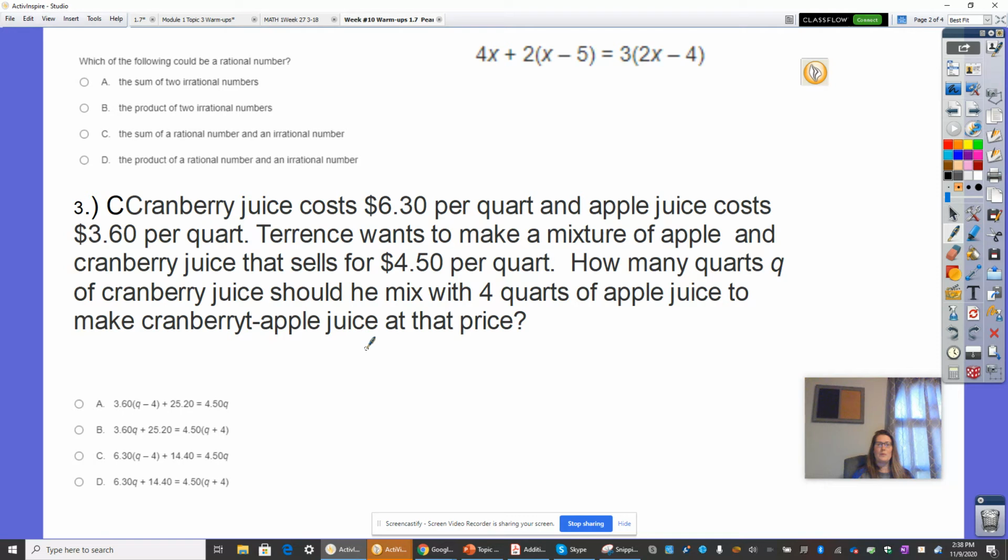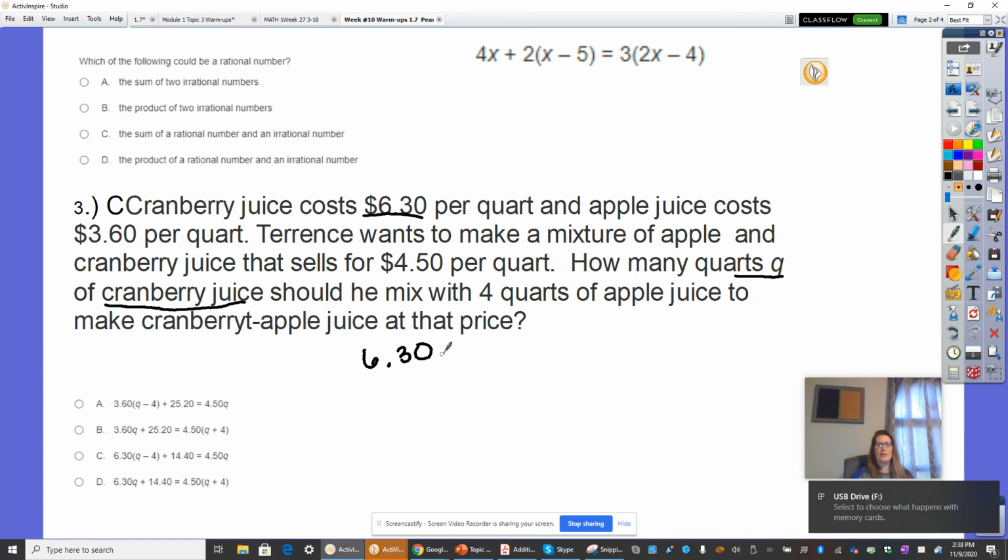So first of all, we know a couple things. Q is going to be our cranberry juice, and we know that it costs $6.30 per quart. So we pay $6.30 for every quart.